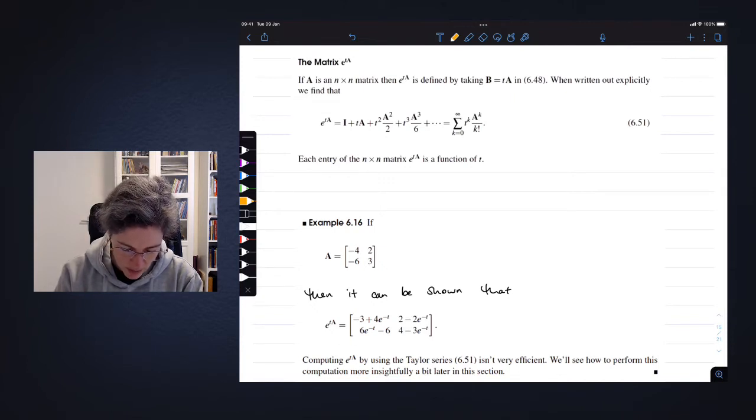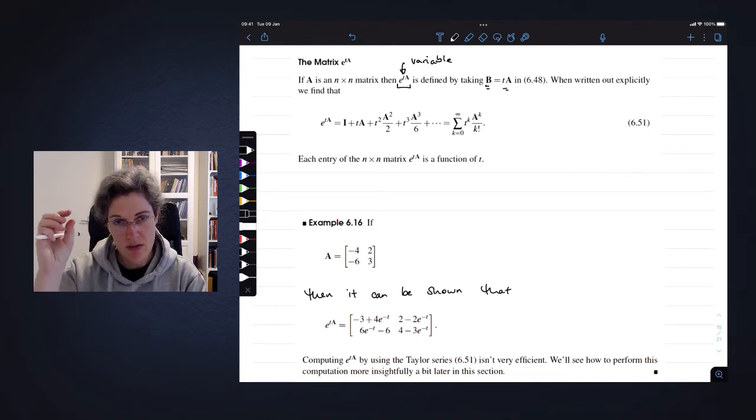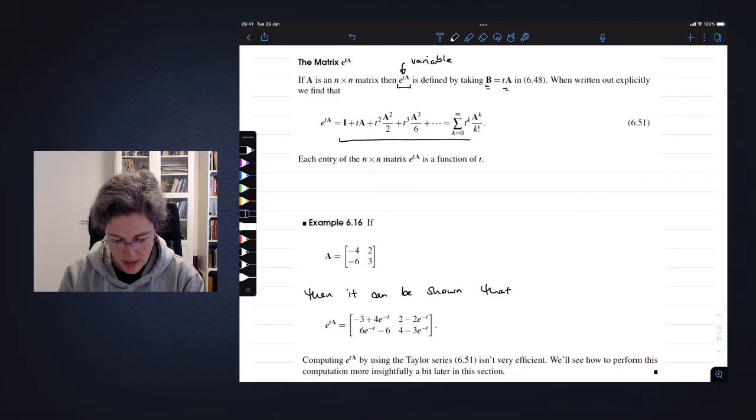So we're defining e to the tA, so here t is our variable. Well, we're just going to let b be tA in our definition, and so what we've got is that e raised to the power t scalar times a matrix is this thing over here. So we've just plugged in tA for b.